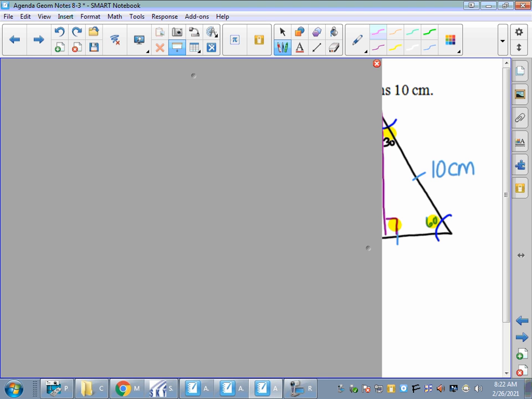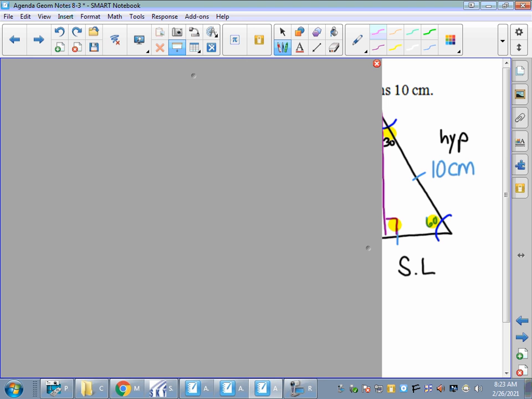I know that this hypotenuse is 10 centimeters because when I ignore the other half of that triangle, that's the hypotenuse. It's straight across from that 90 degree that the altitude made. I also know that this bottom side down here where the altitude hits is the short leg because it's straight across from the 30.